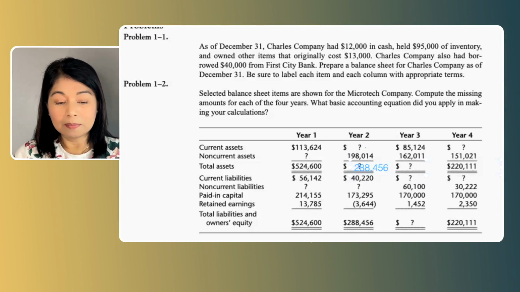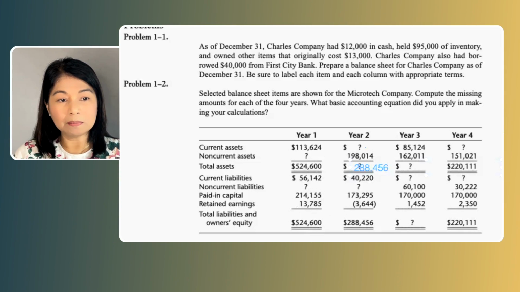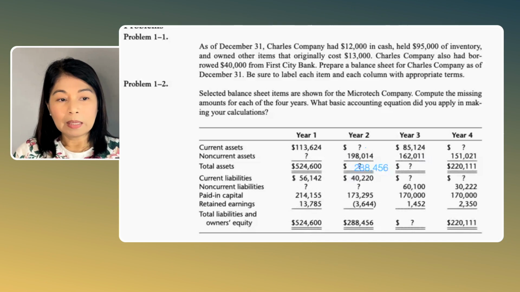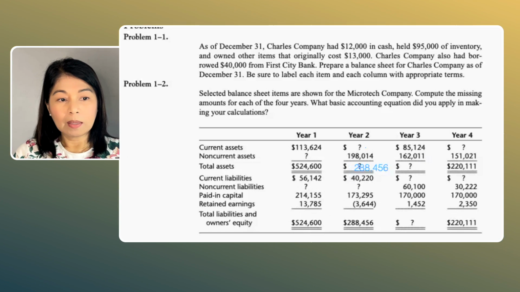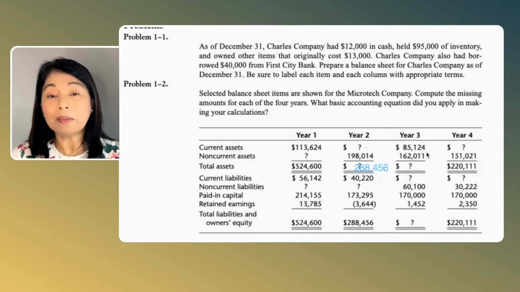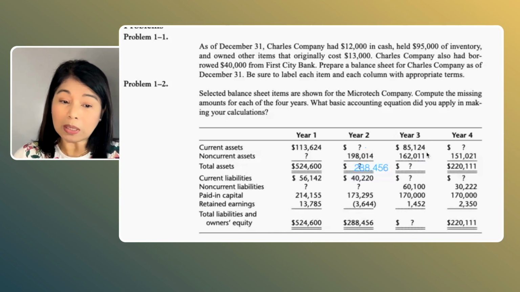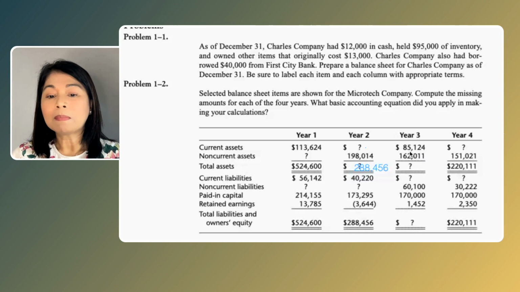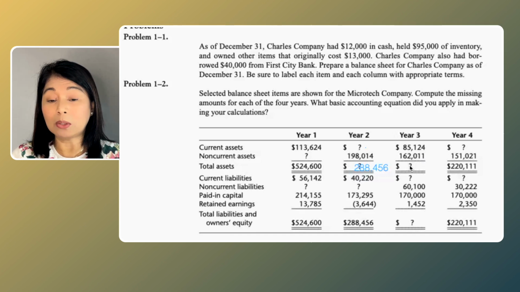Gets? Okay, thank you, Zach. So now, will this be easier? Hold on. Again, year 3 is a bit more complicated. Why? Because there are no totals. But it's easy in a sense because you can just add current asset and non-current asset, and you get the total asset.